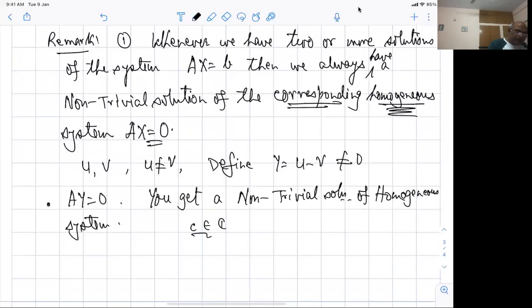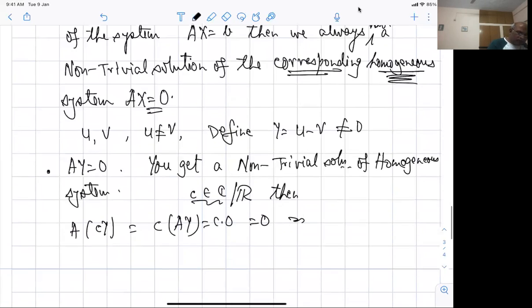Not only that, if I look at any C belonging to Cn, to complex number or to real number, then A times C of y is C times A of y, which is C times 0, which is 0. This implies we get an infinite number of solutions.